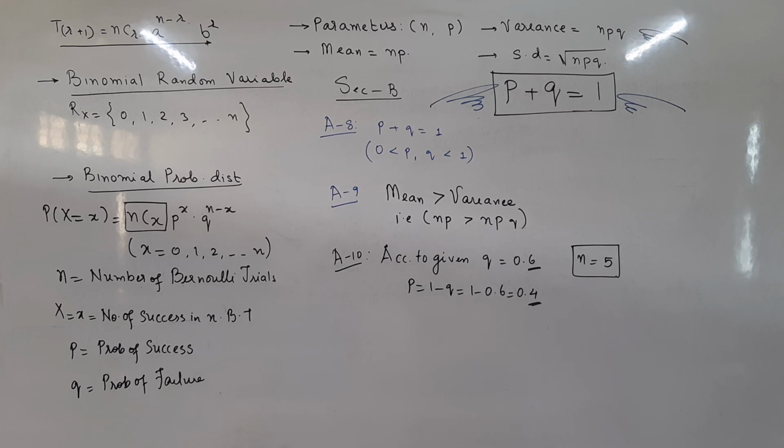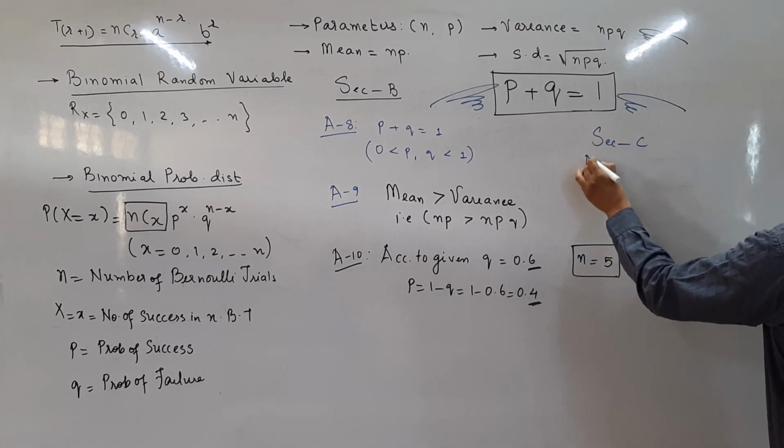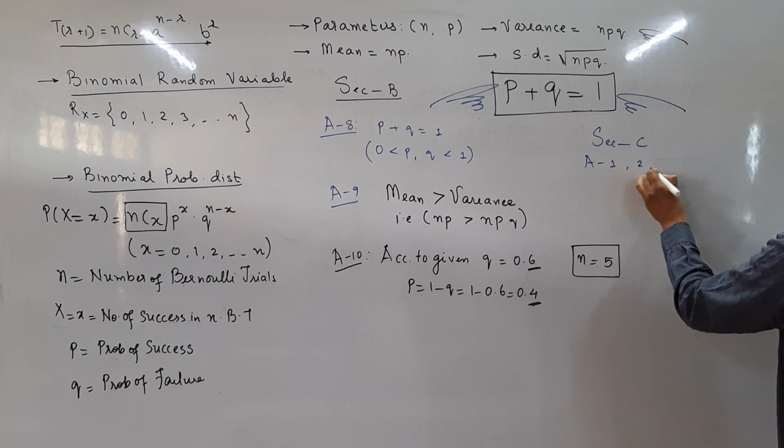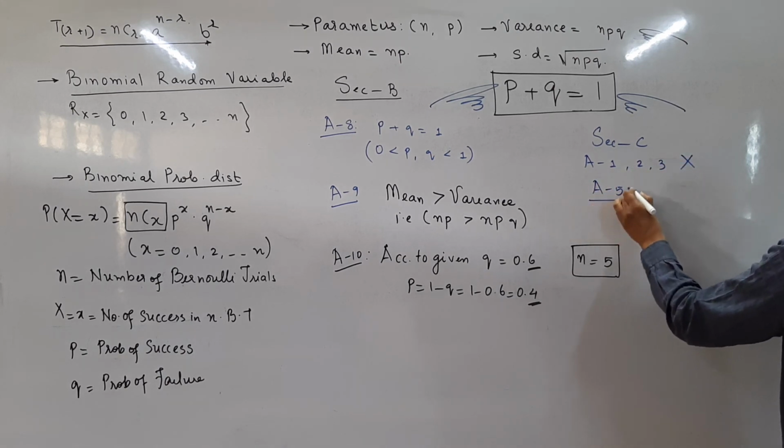That is only some I am discussing. The remaining sums we will do next lecture. So, section C, question 5. In section C, the first 3 questions, answers 1, 2, and 3 are answered. And answer 5 is discussed.